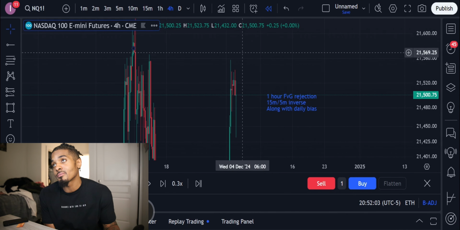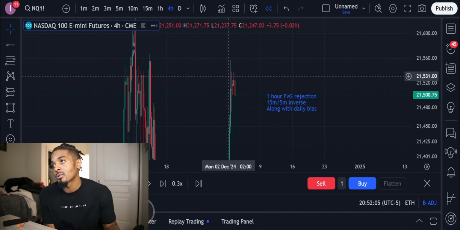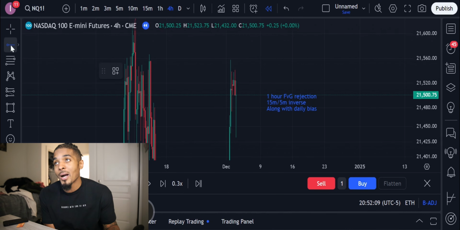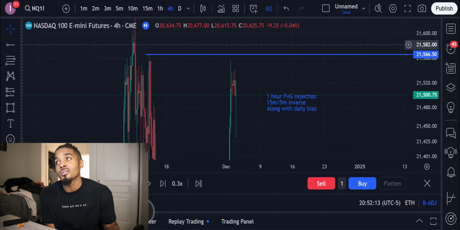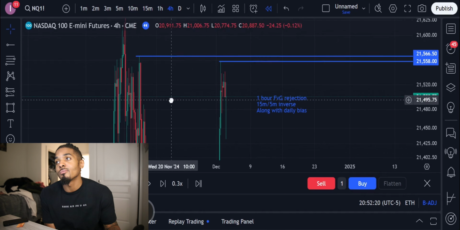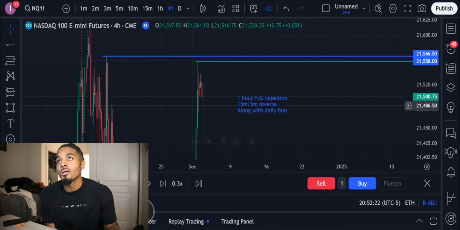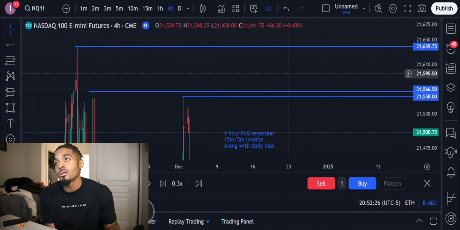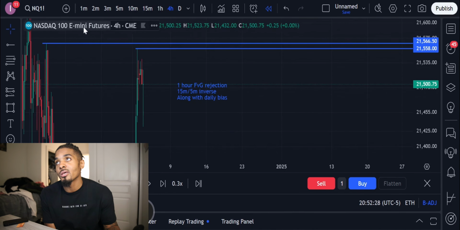So at that point, if my bias is bullish, I'm marking out highs that I think price could target for that day. Those highs are where I'm wanting price to go. So I might mark out this high, depending on how price wants to move for that day.